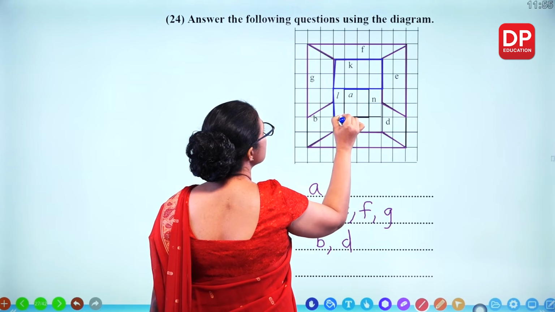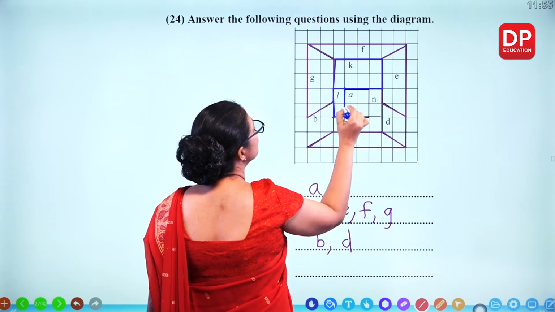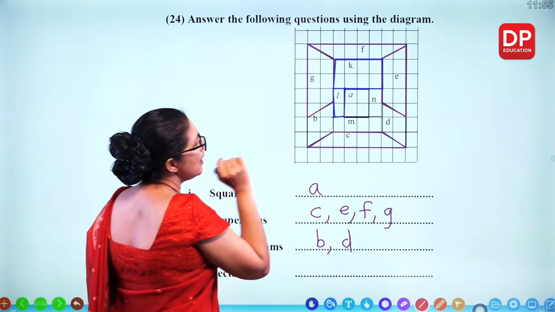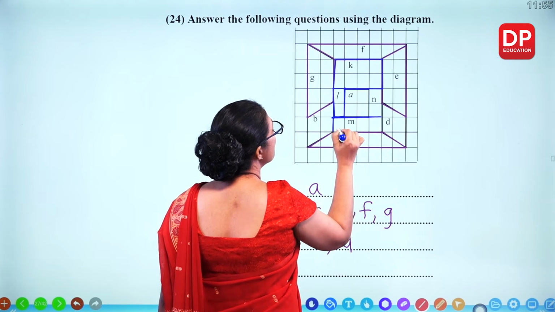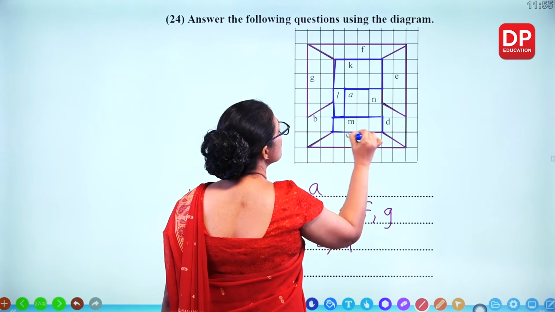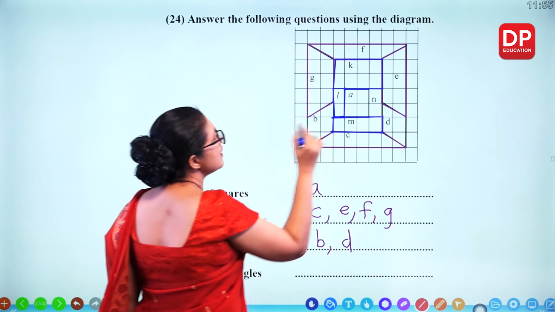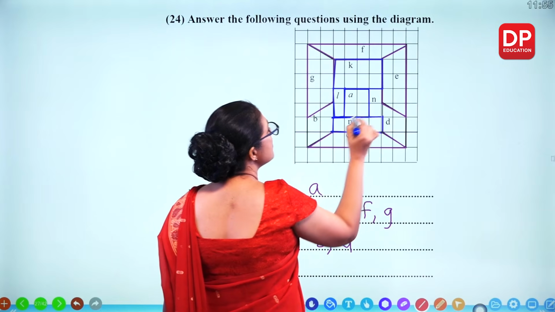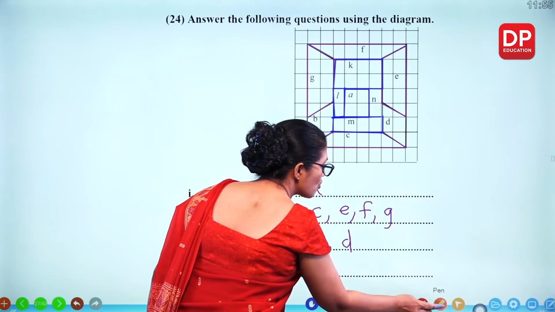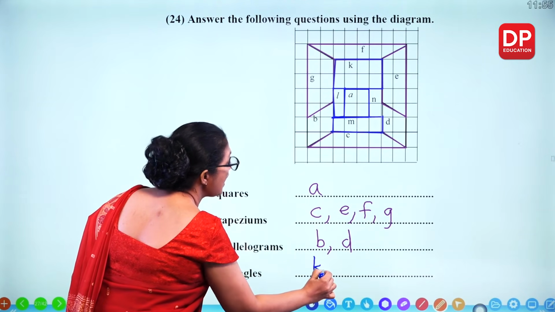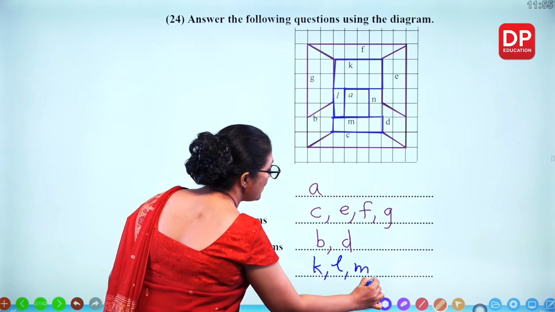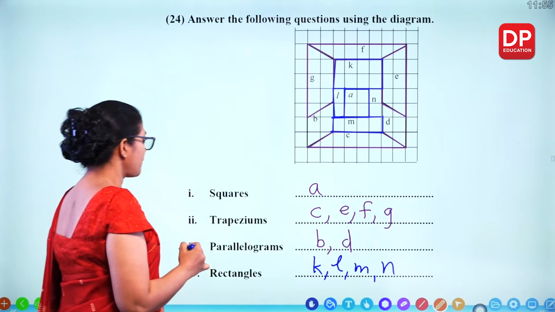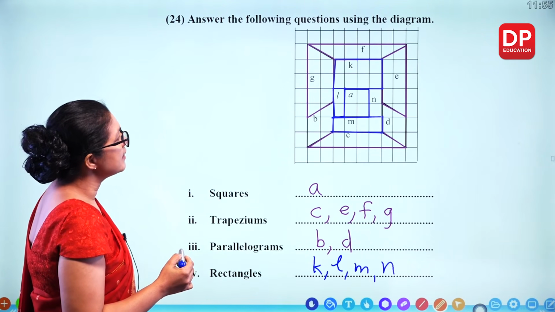L is also a rectangle. And M is also a rectangle, and N is also a rectangle. So I can write K, L, M, N. Those are rectangles.